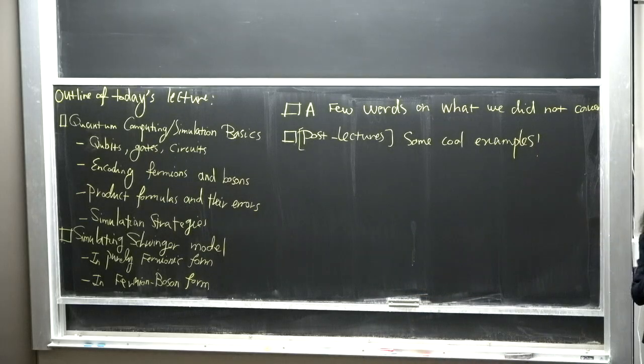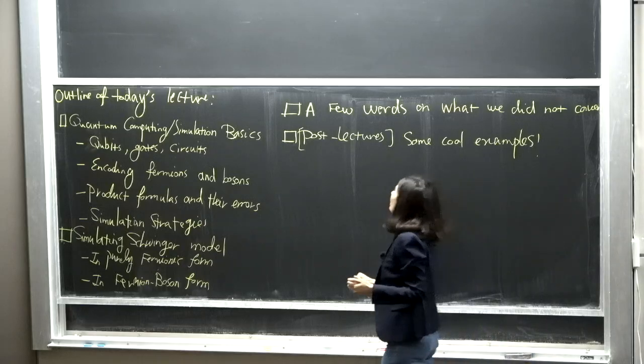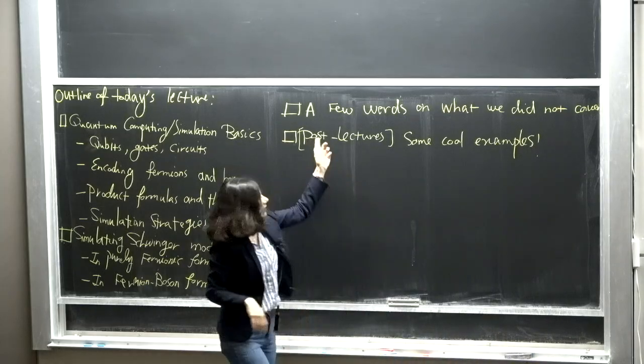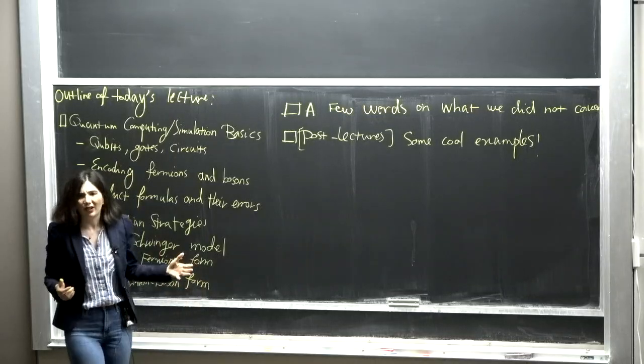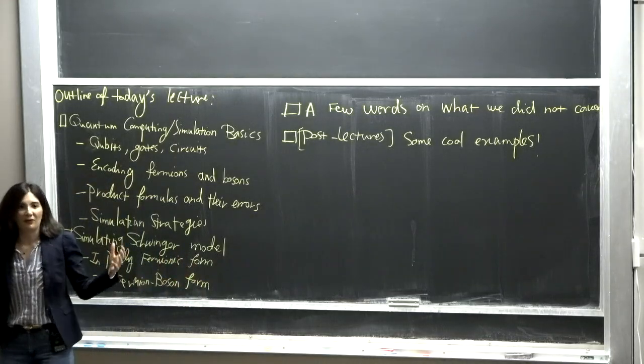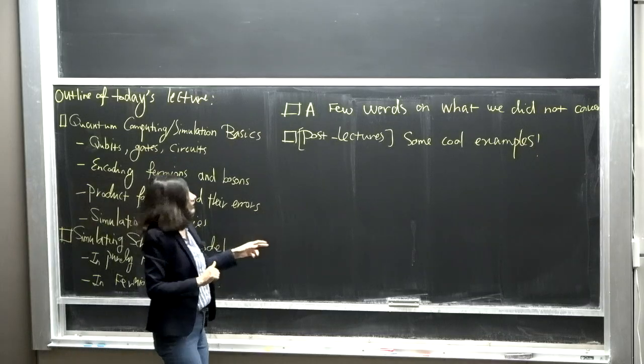So what would be the tricks that you can implement to also encode those kinds of Hamiltonians? I will tell you a little bit about the things that we didn't cover, so that you can go and hopefully study more. And I'll have some references in the notes.